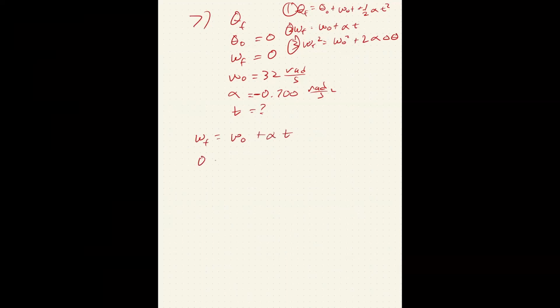I put in the values. 0 equals 32 radians per second, plus alpha, which is negative 0.7 radians per second squared, just to keep us on track, times time, which is what we're solving for.